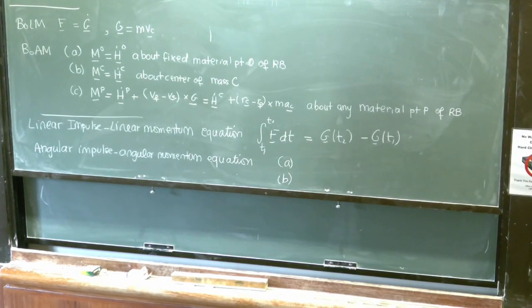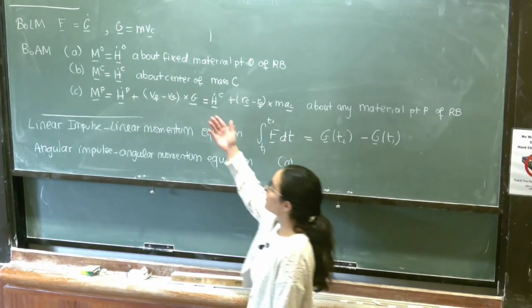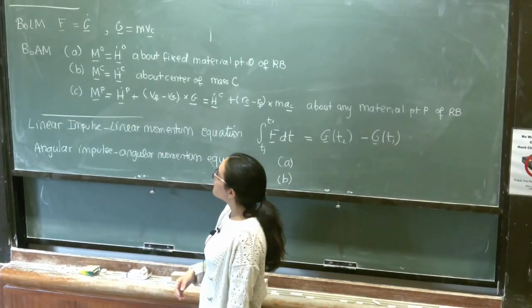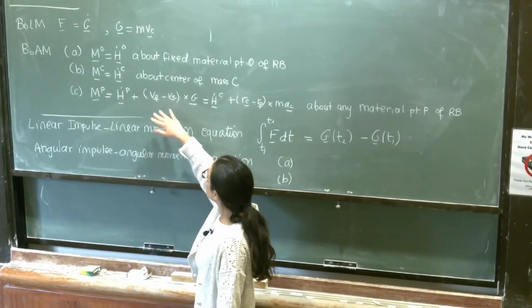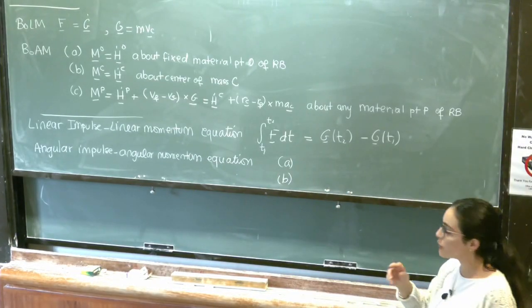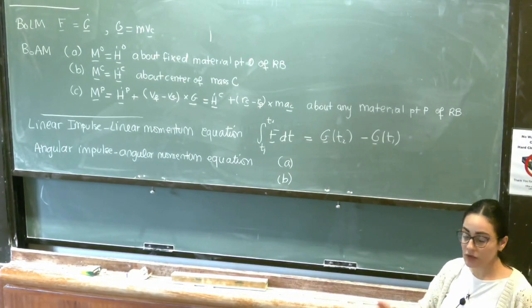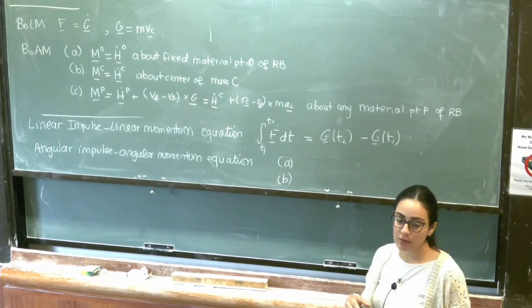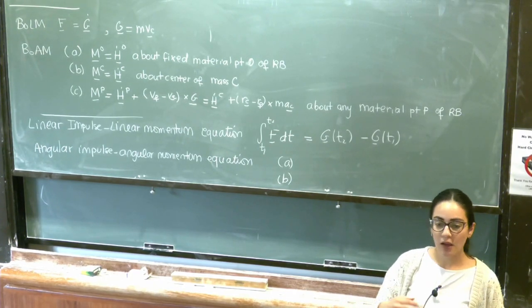We will not have a form C because form C is not easy to integrate, right? So I can easily integrate H dot O or H dot C using the fundamental theorem of calculus. Same for H dot P or H dot C, but this term is not easily integrable. I'm not sure if we can even write an expression for the integral of that. So we're just going to do the angular impulse, angular momentum equation. We're going to use it for A or B.